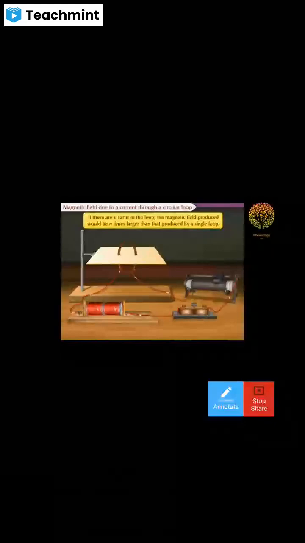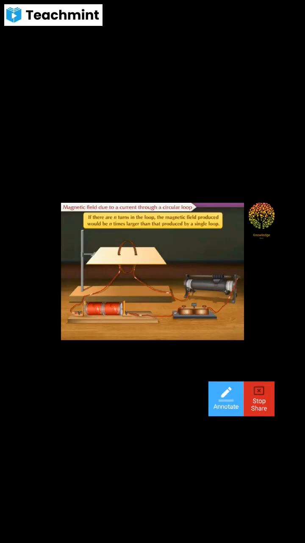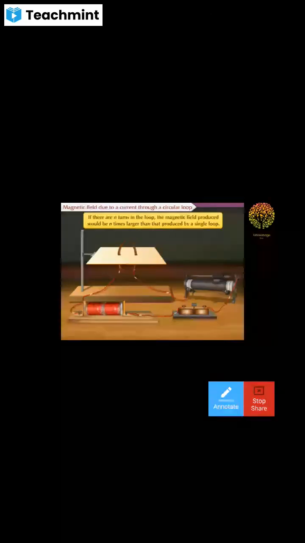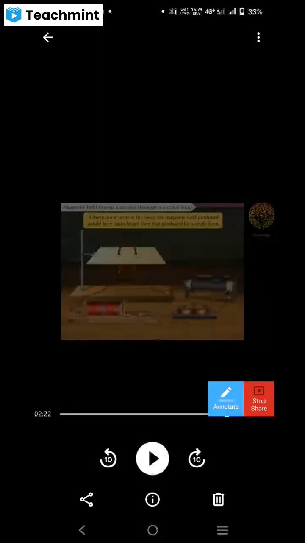Similarly, the loops are more. If there are n turns in the loop, the magnetic field produced would be n times larger than that produced by a single loop. One loop produces one times the field, 10 loops give 10 times, 20 loops give 20 times. Isn't it?